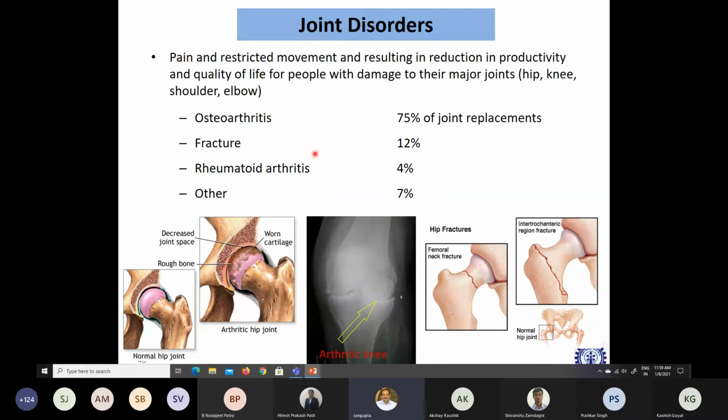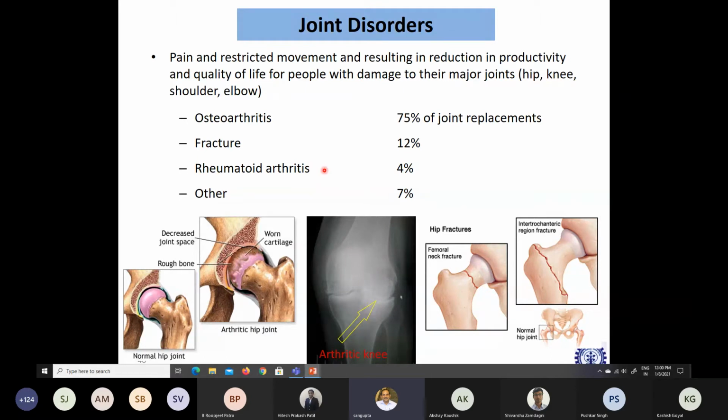Rheumatoid arthritis is another arthritis which is very, very dangerous. As you might know, rheumatoid arthritis is an autoimmune disease. It attacks your immune system and causes a lot of destruction, degeneration of the bone, as well as the joint cavity.